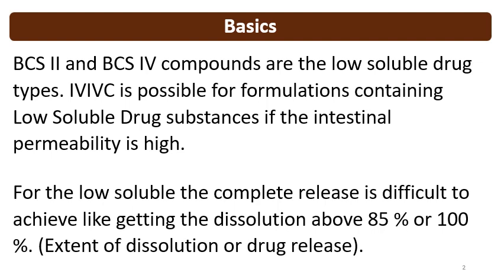See, if the intestinal permeability is high for drug molecules belonging to BCS class 2, then IVIVC can be more predictable. While if the GI permeability or intestinal permeability is less understood, or is low, then it becomes difficult for drug formulations containing drug substances belonging to BCS class 4.